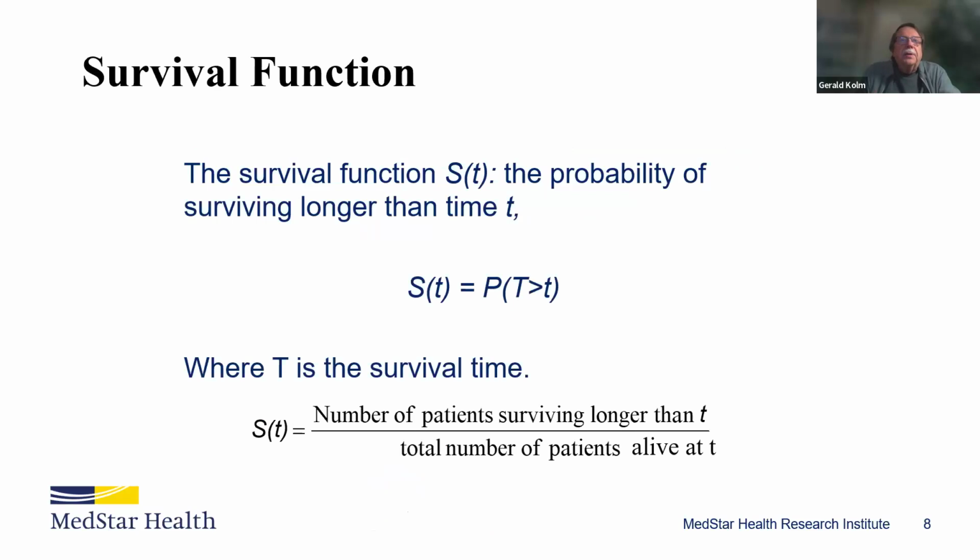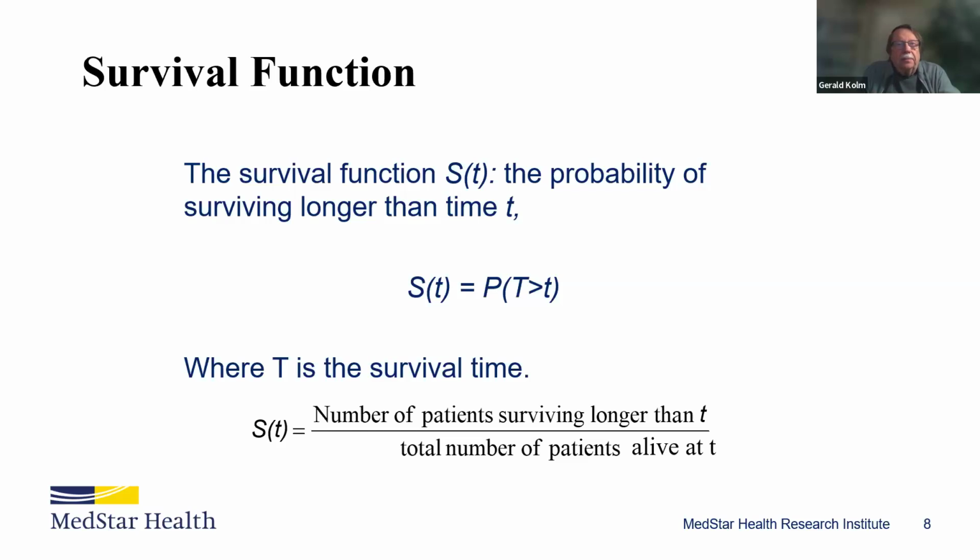So the survival function is defined as the probability of surviving longer than time t. And so the function is the probability of survival given the time at which you're looking at the patient, and then it's the probability that they survive longer than that specific time.